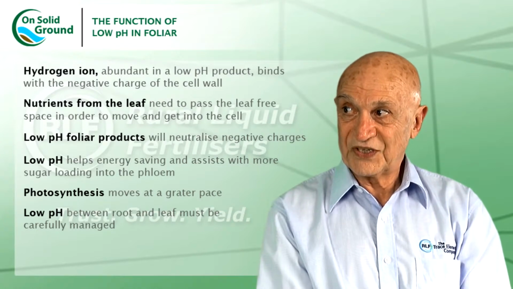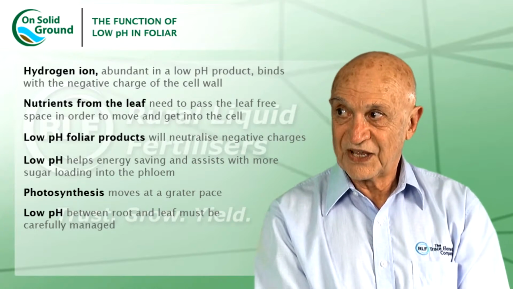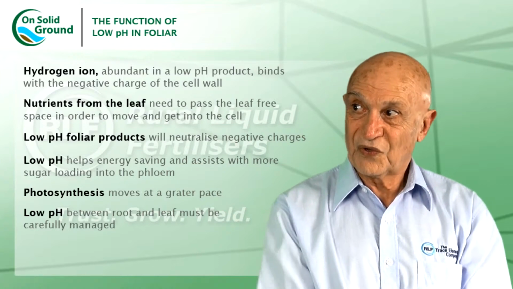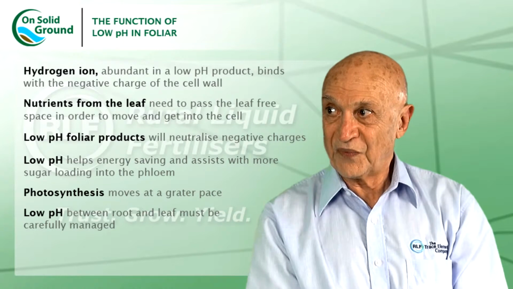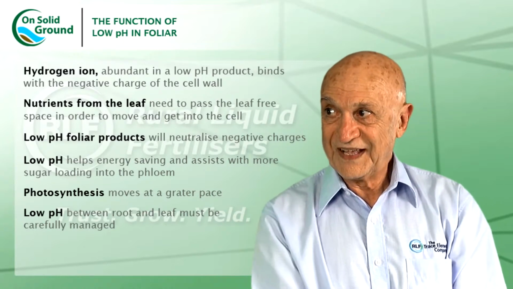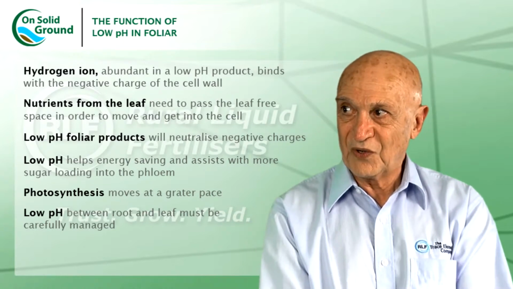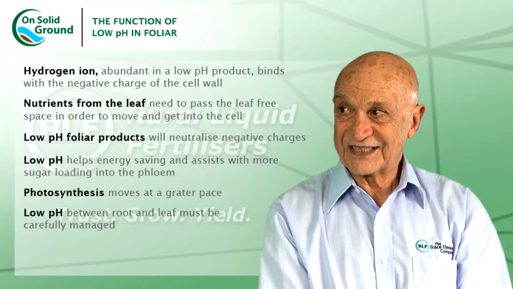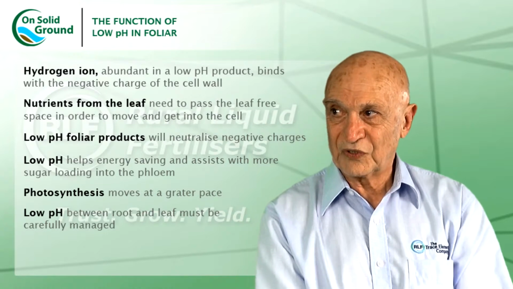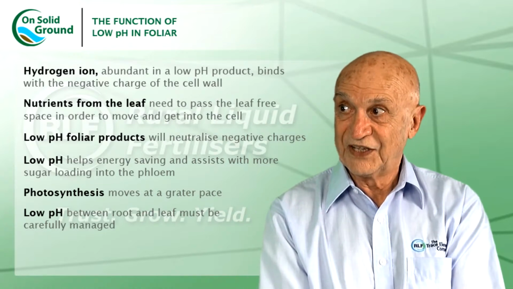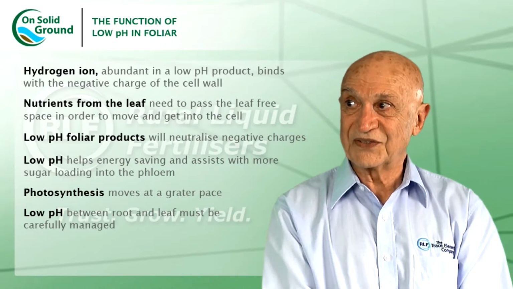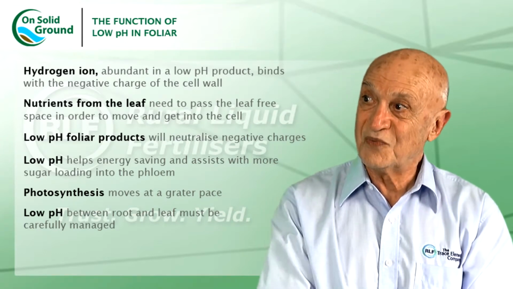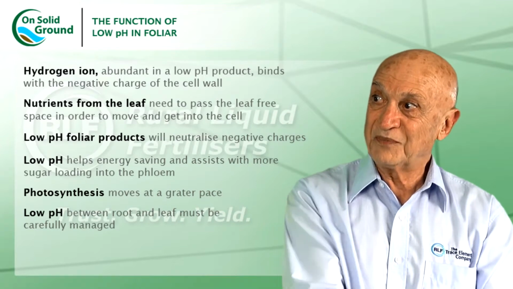Low pH in the leaf free space creates a potential for sucrose uptake, so the hydrogen ion is quickly consumed. Whereas if I put a root system in a low pH, it actually stops certain reactions like proton extrusion, which is needed to take up the cations. In the leaf system, we continuously consume that low pH to make more sugars.